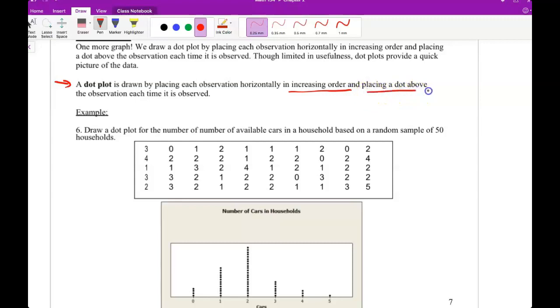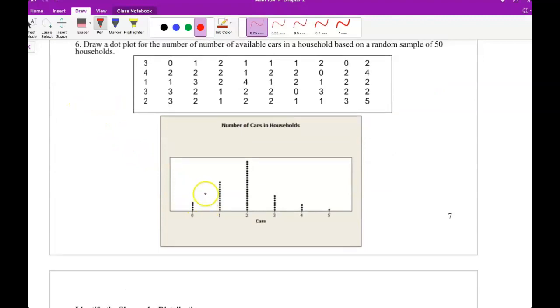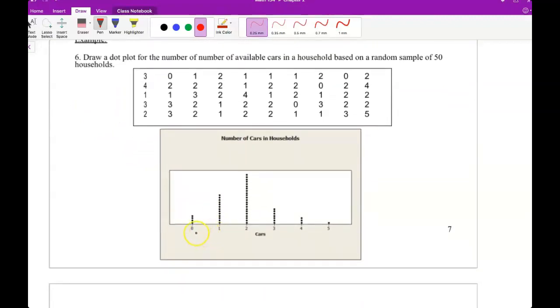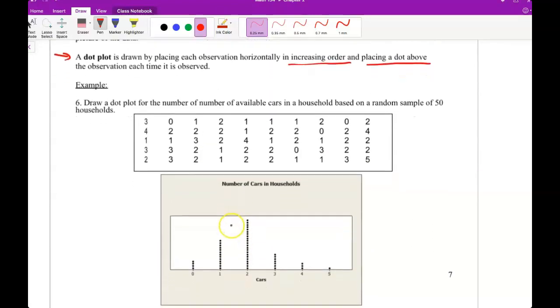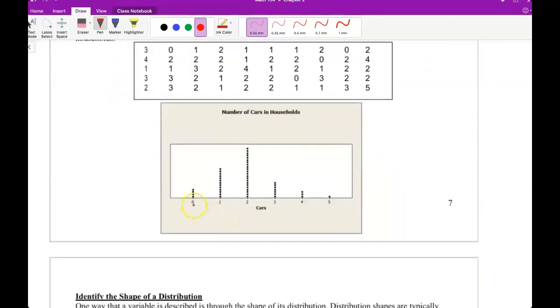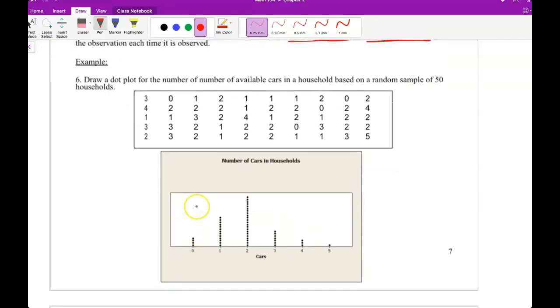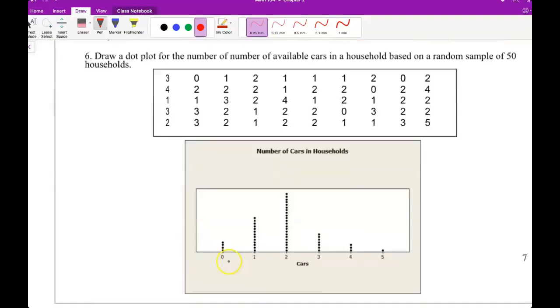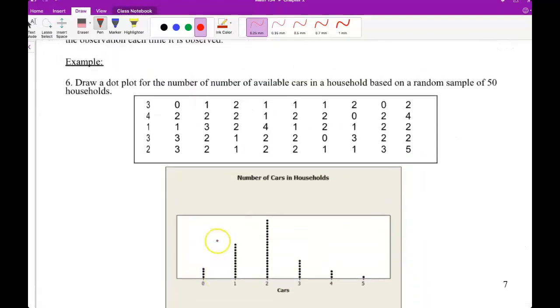Placing a dot over each value. First, these are the classes: 0, 1, 2, 3, 4, 5. We're going to place a dot above the observation each time it is observed. For 0 cars, the frequency was 4, so we have 4 dots above 0 cars.